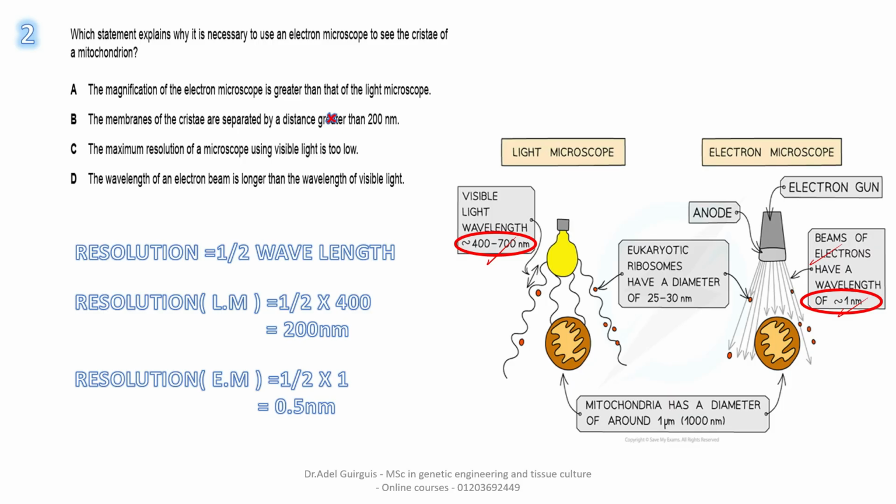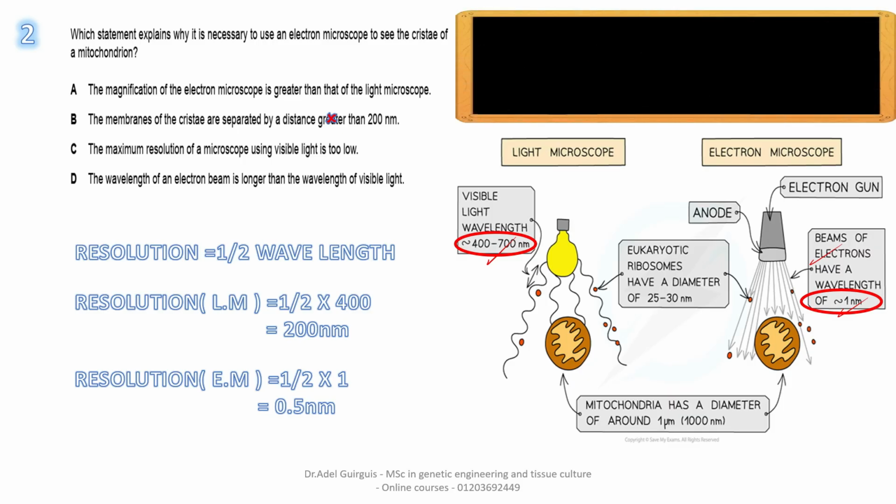This membranous structure is too tiny to be seen by light. Even if we magnify with the highest magnification of the light microscope, we cannot see the cristae clearly. We need something clear like what is seen by the electron microscope. So A is incorrect.